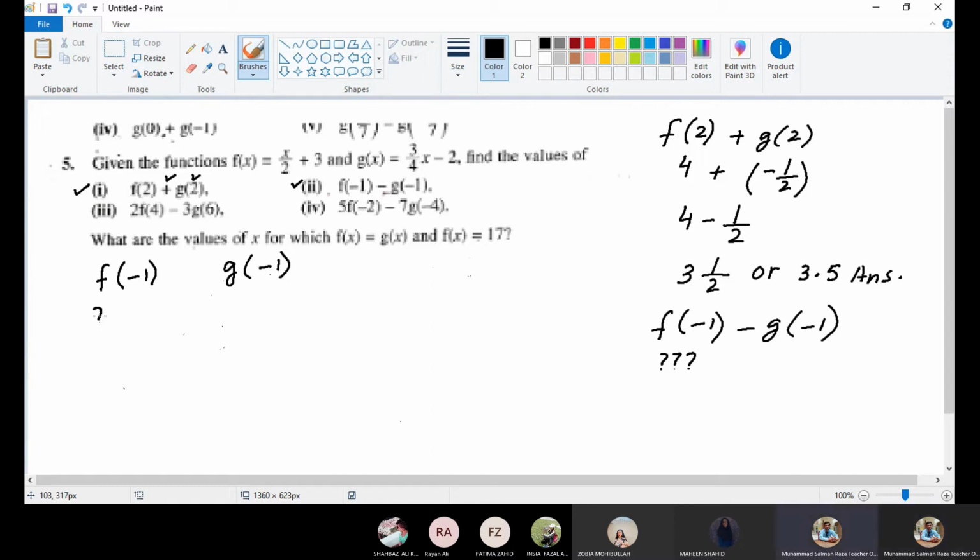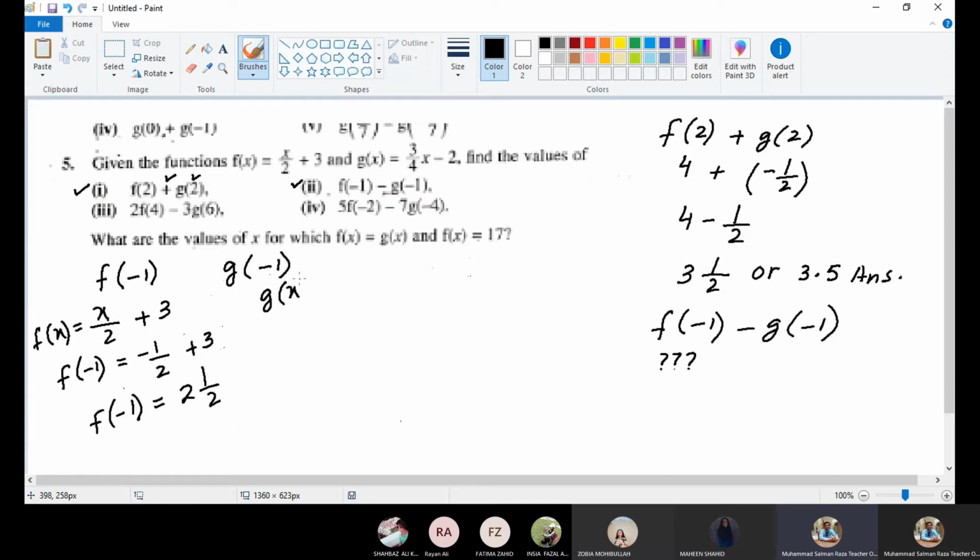I'll take the function f, x upon 2 plus 3, and I'll write f of minus 1 is equal to minus 1 upon 2 plus 3. And then when I subtract half from 3, I'm going to get 2.5 over here.